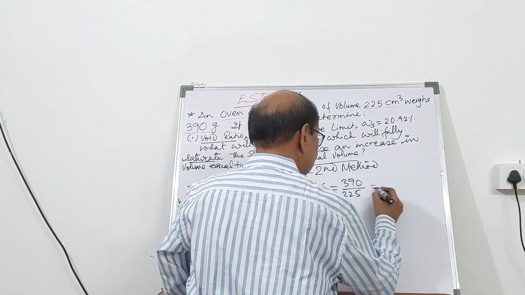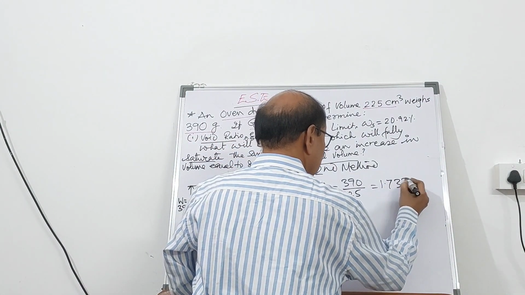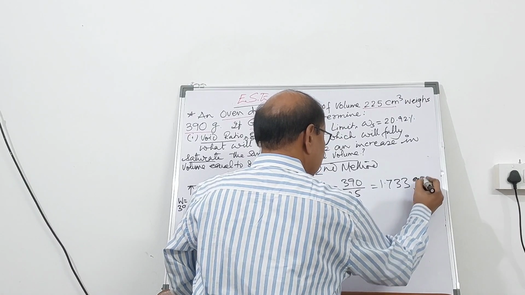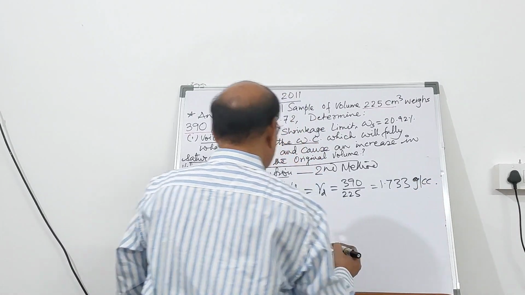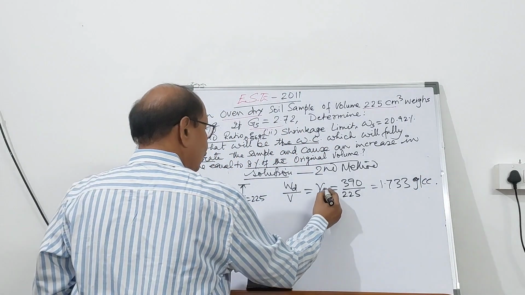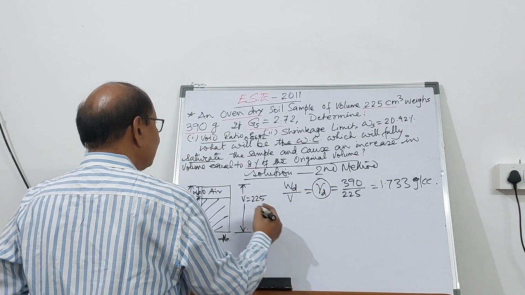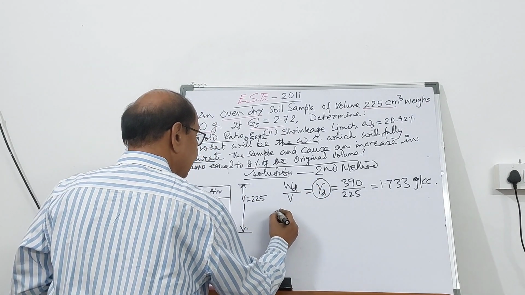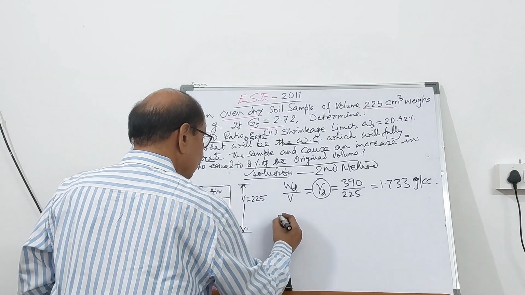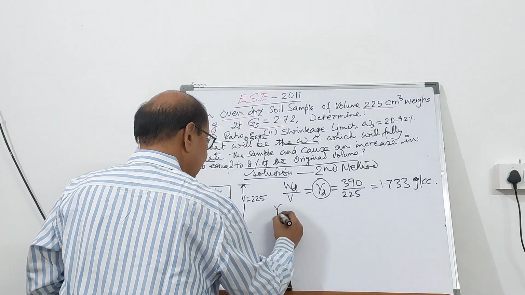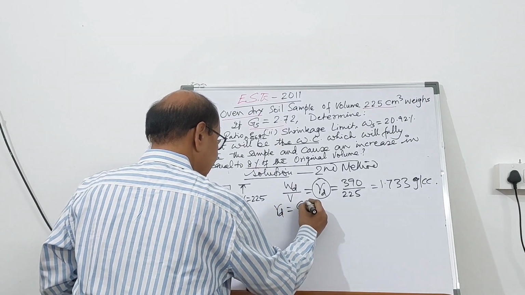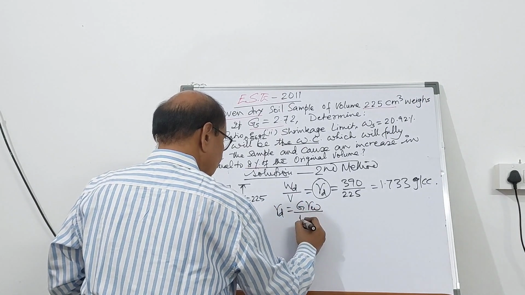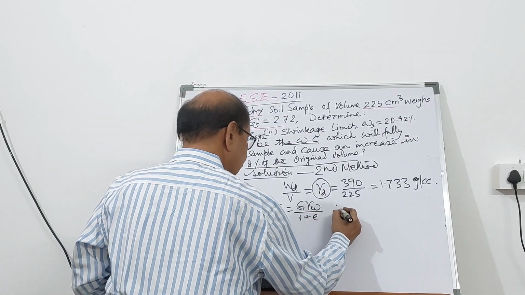This we had calculated: 390 divided by 225 is 1.733 gram per cc. And therefore, knowing this gamma d, we had been able to calculate the void ratio. So gamma d was G gamma w upon 1 plus e.